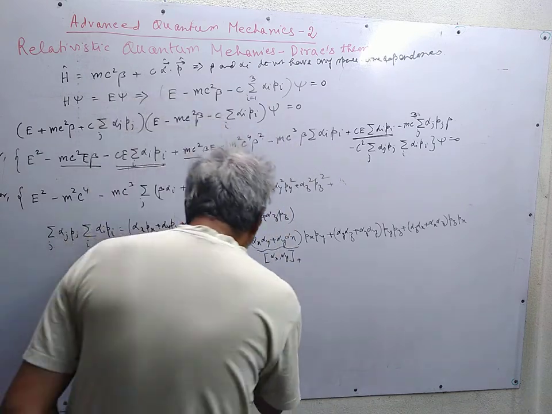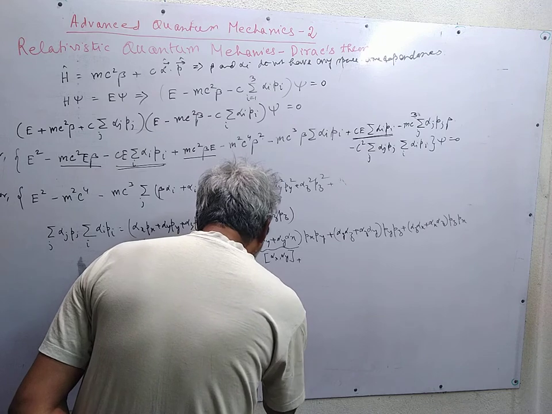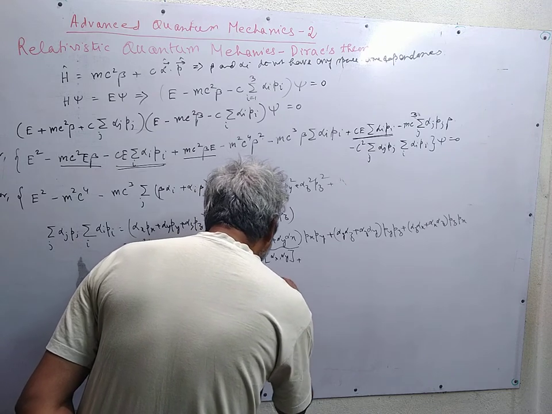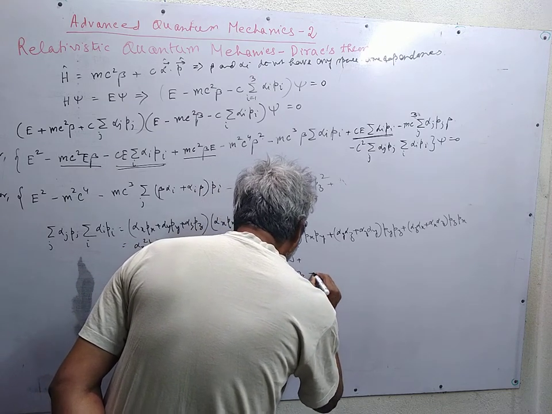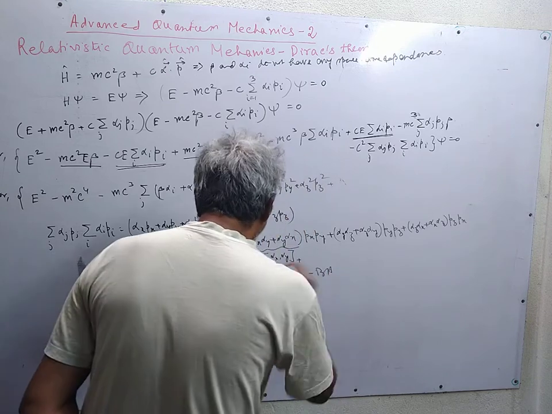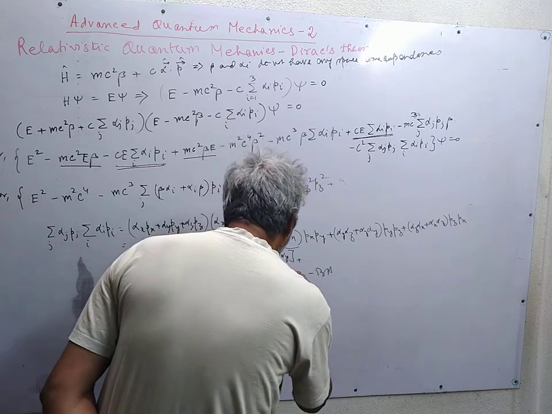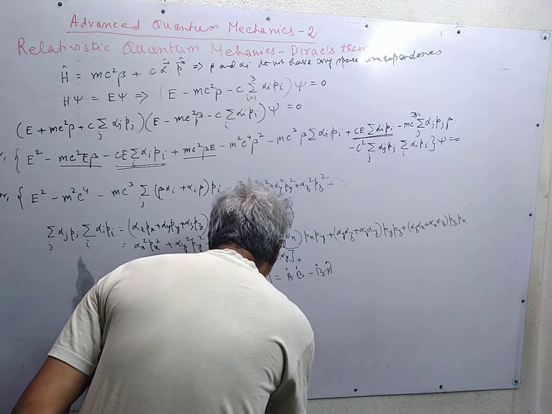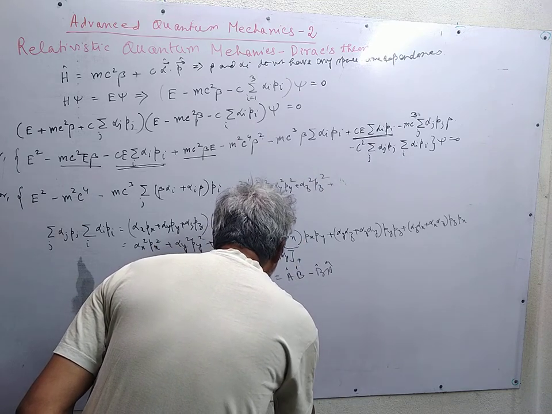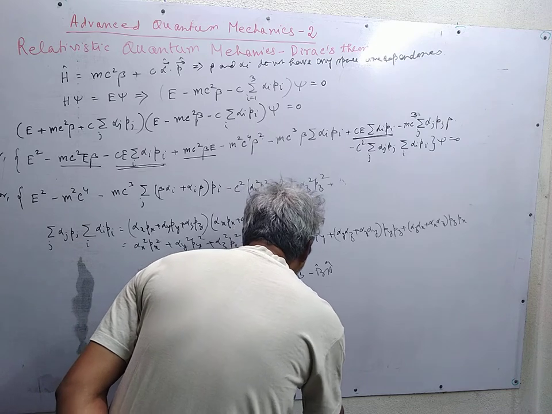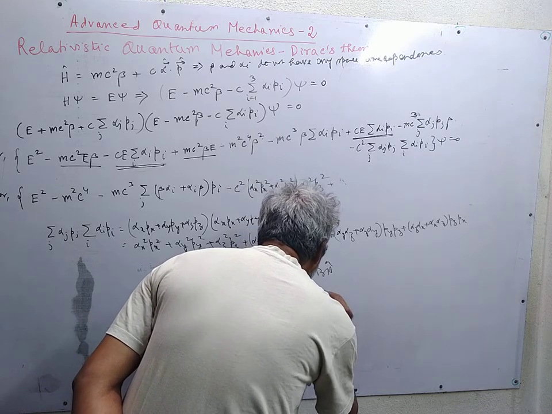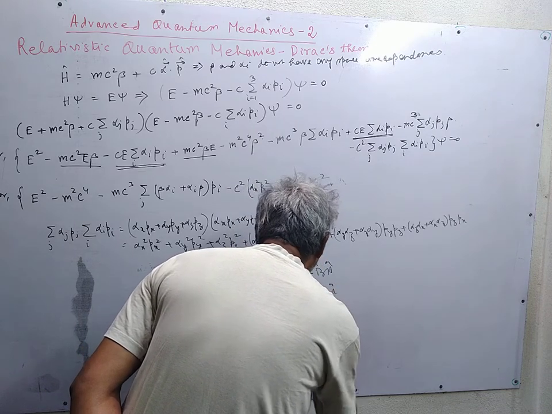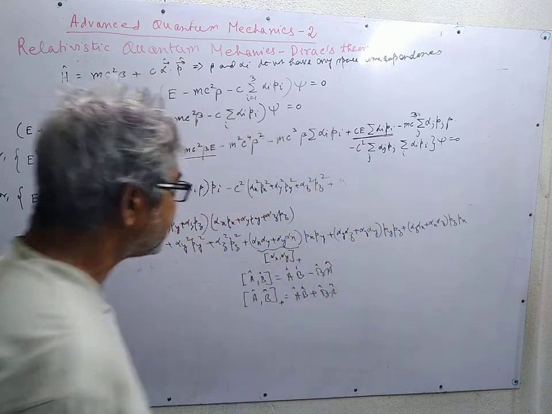In commutator bracket we write AB, the commutator, generally written as AB minus BA. Operator signs are there. And in anti-commutator notation this expression is AB plus BA. This is the anti-commutator notation which we have introduced here.